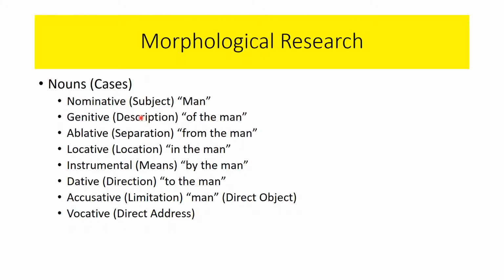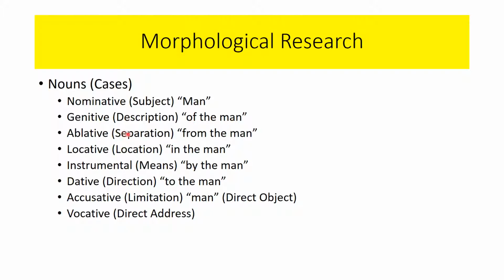So when we use the word man in the genitive case, we actually say of the man. So the pencil of the man, that's describing what kind of pencil it is. So the word man in English changes or morphs to of the man.